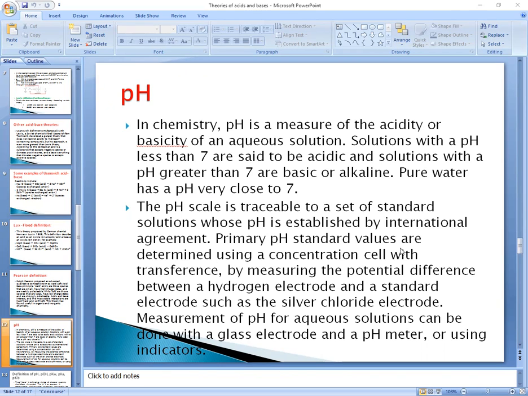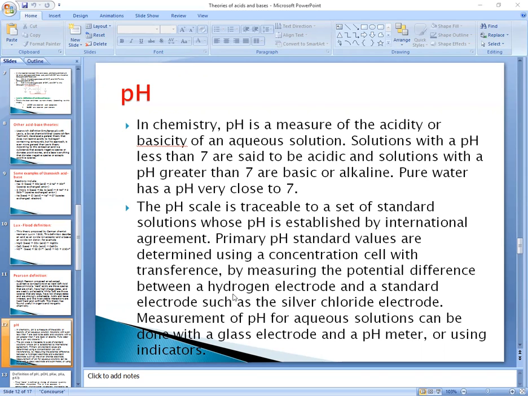Primarily, pH standard values are determined using a concentration cell with a transference. Concentration cells को हम use करते थे with a transference. By measuring the potential difference between a hydrogen electrode and a standard electrode.